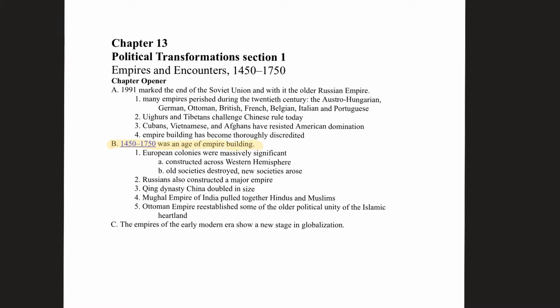This is really an age of empire building. And within this period of time, we see the Europeans building quite a number of very significant empires. The other thing with their empires, and you want to put this little note at the end of number one underneath capital B, is to add "and varied."